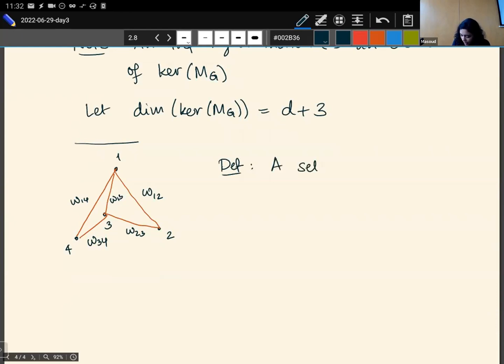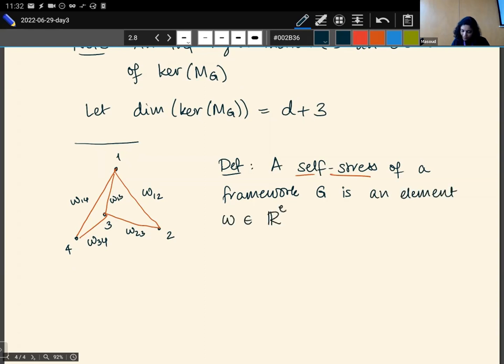So a self-stress of a framework G is an assignment, or I could say a function, or let me say an element omega in R to the E. Okay, so they're constants indexed by edges, which satisfies the following equation.